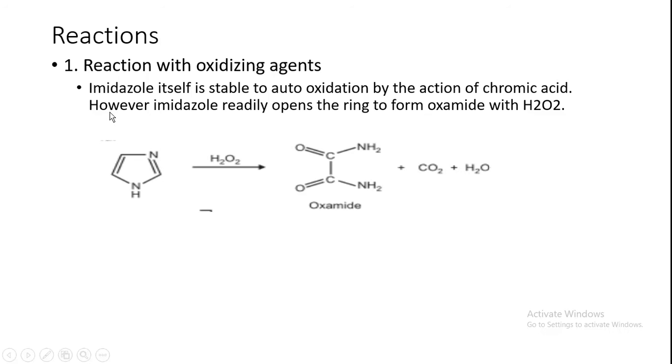However, imidazole in presence of H2O2, that is hydrogen peroxide, which is also an oxidizing agent, will undergo ring opening reaction, okay, so it will open up the ring to form the oxamide. So this is the product. So this is imidazole in presence of H2O2, oxidation will take place and it will form oxamide. That means complete ring opening will take place, okay. So this is one type of reaction.